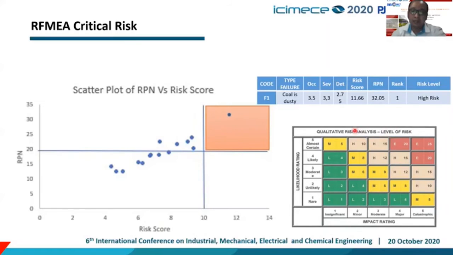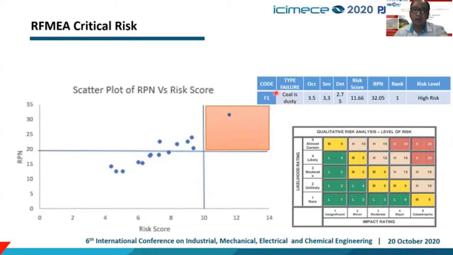This is the metric risk standard of PJB that defines the level of risk, where from 10 it indicates that the risk must be treated first. When we define this scatter plot and make the RPN cut with the risk score, we found only one.